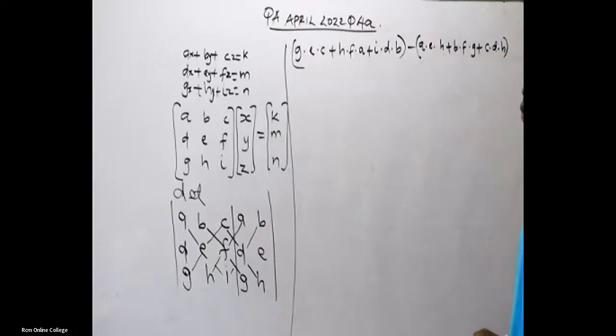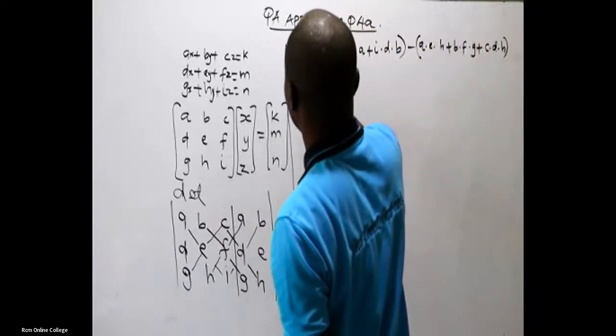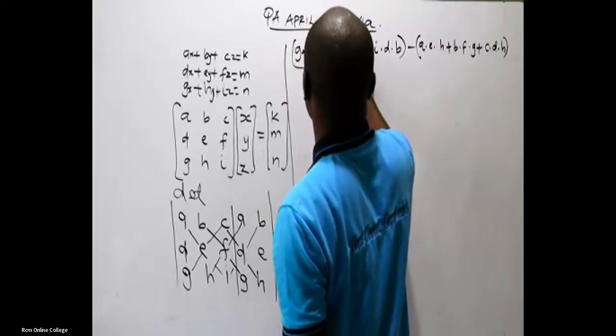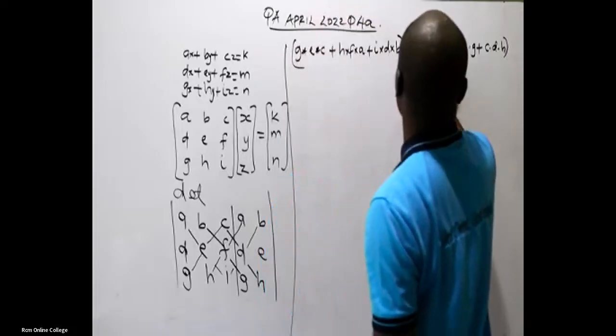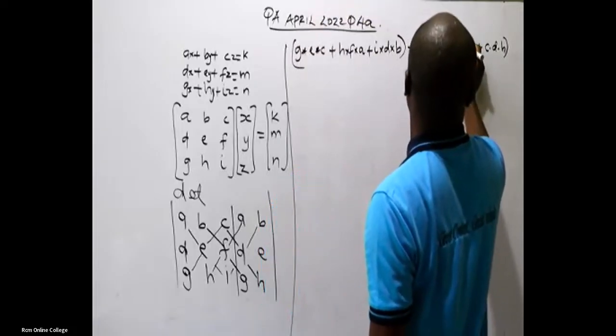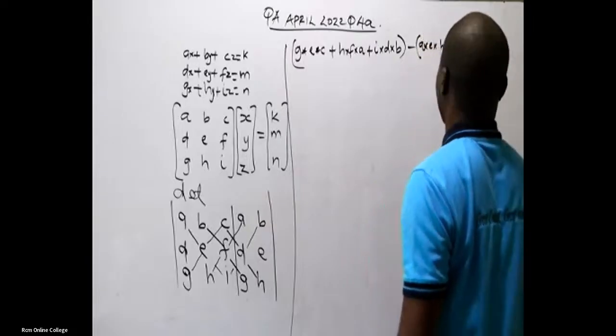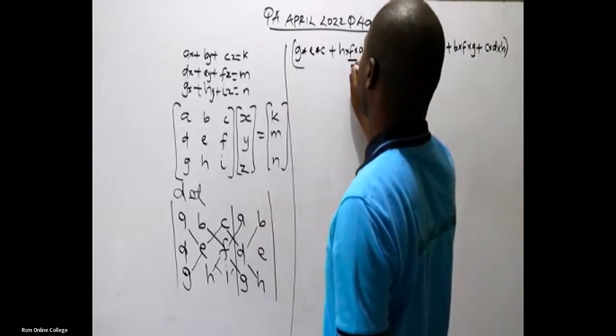You can note that the dot here represents multiplication, or we can just bring in the multiplication sign. By doing that, you'll be able to get the determinant.